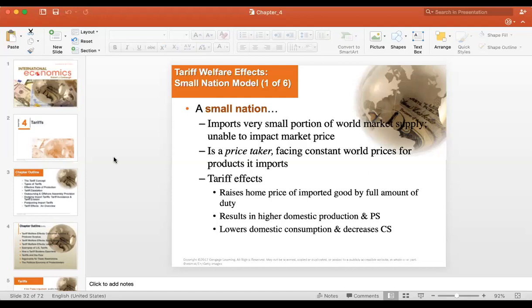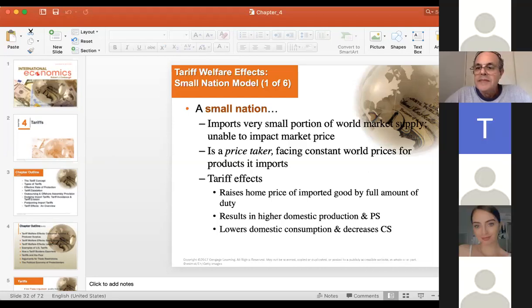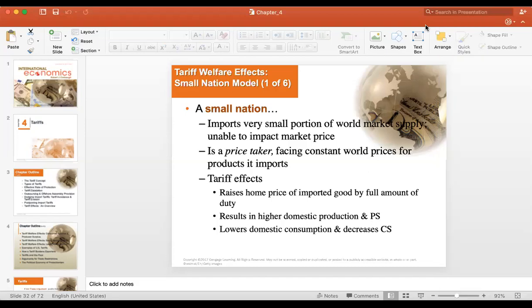The effective tariff rate? Yeah, but how are we going to determine the effect of this tariff on the economy? Demand and supply? Yes, more specifically, consumer surplus and producer surplus. That's basically what we need to help us determine what the impact of the tariff is going to be on that country that happens to impose tariffs.